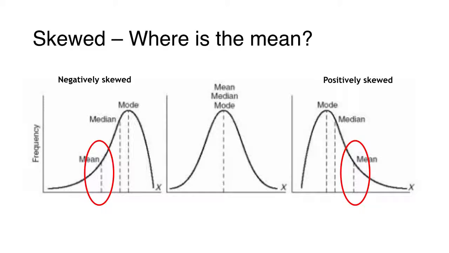It means that there must have been some outliers or some people who scored so high that it actually took the mean and moved the mean over towards the right. And this mean is almost like it's misrepresenting what really happened, because all of a sudden our average is positively skewed. So look at where the tail is. If it's skewed, it means that the mean is way over there.